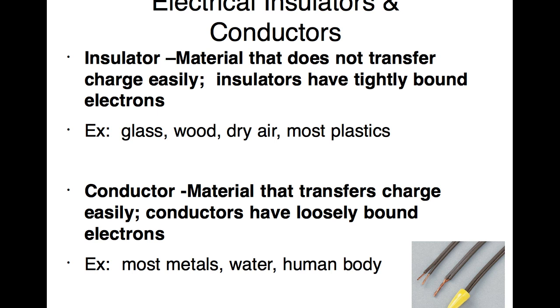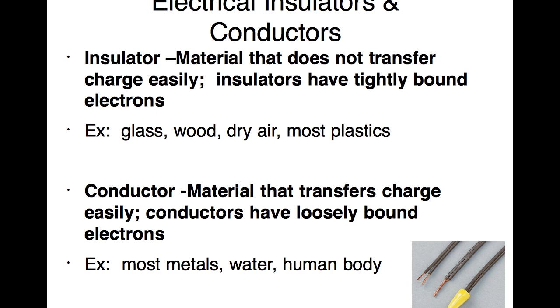So think of insulators and conductors as like an interstate or a highway. If the traffic's really bad, where you have to actually stop, think of it as an insulator. You cannot weave around people to keep on going.